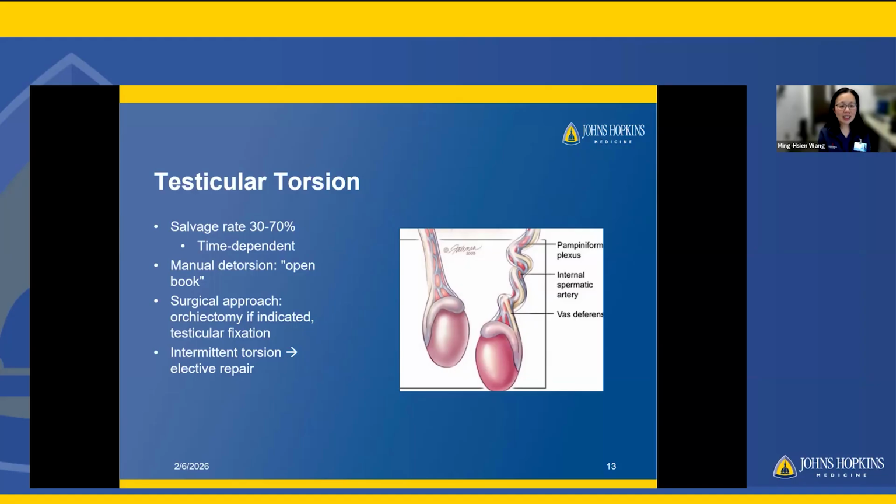And then another thing that, as a community physician, you can try to do, assuming that kid will let you touch them, is physically detorse a twisted testicle. I will probably give these young men a little pain meds, and you want to do it basically like you're opening a book.